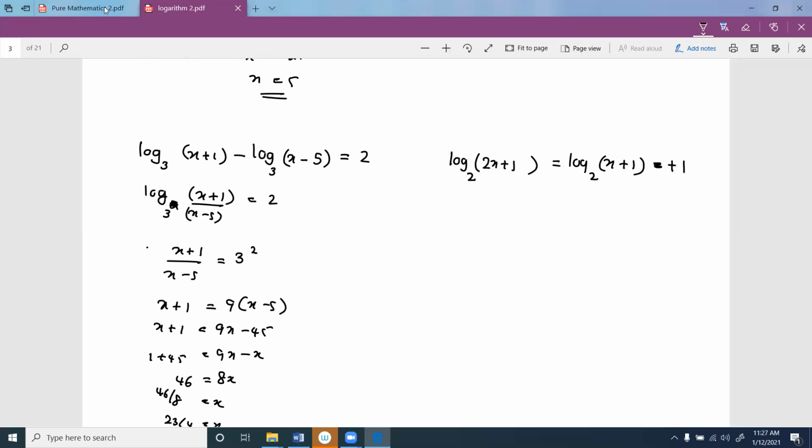Then for this kind of situation, what you need to do is bring all the logarithm terms to one side and simplify. Log 2 of 2x plus 1 minus log 2 of x plus 1 equals 1.